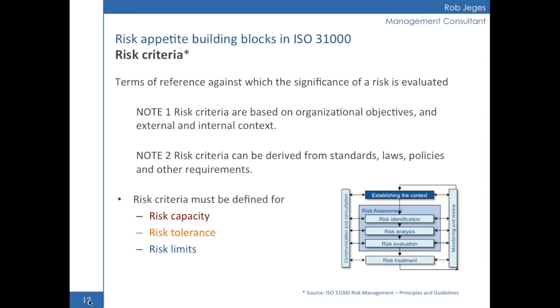Under risk criteria, we find risk capacity, risk tolerance, and risk limits. That's where they belong. So three elements of risk appetite are already there. They're part of the risk criteria. So without mentioning it by name, we have a lot of elements of risk appetite already in the standard.